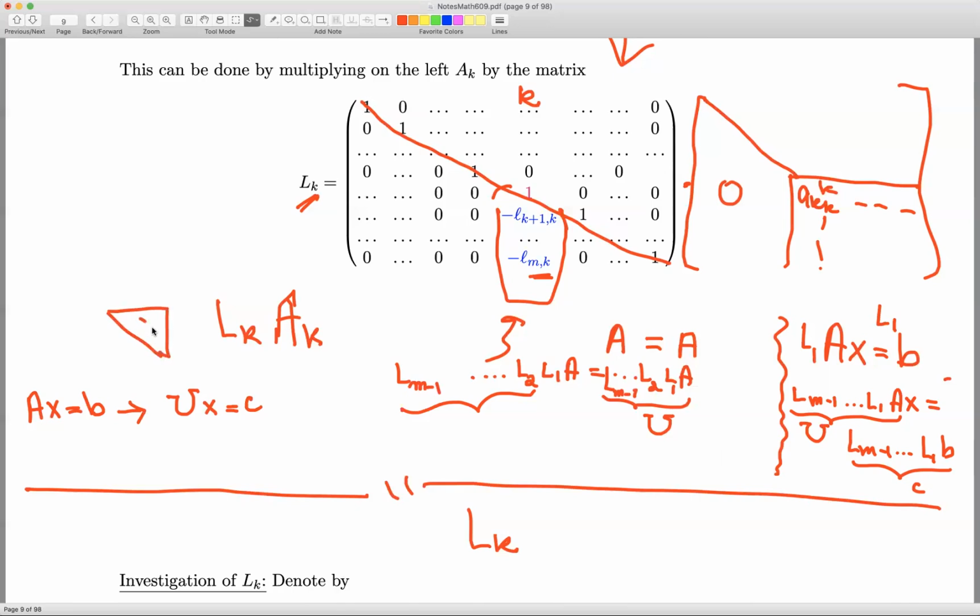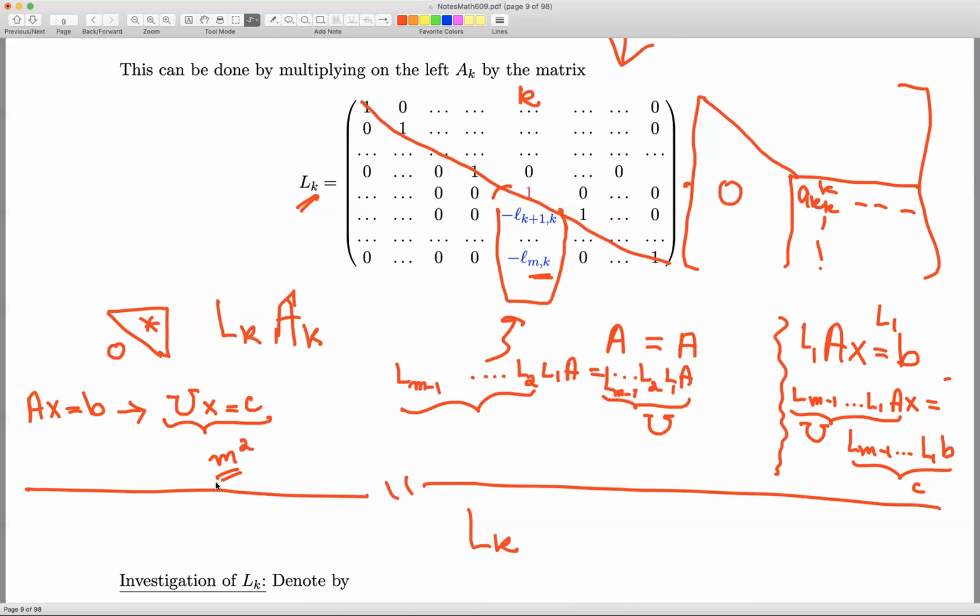So it has this structure. Here is something, and on the main diagonal there is something, and everything below the main diagonal is equal to 0. And then to solve this system, we simply use the backward substitution, because the backward substitution is giving us the solution. And we know that the operational cost to solve the system using a backward substitution is m squared, where m is the dimension of the problem.